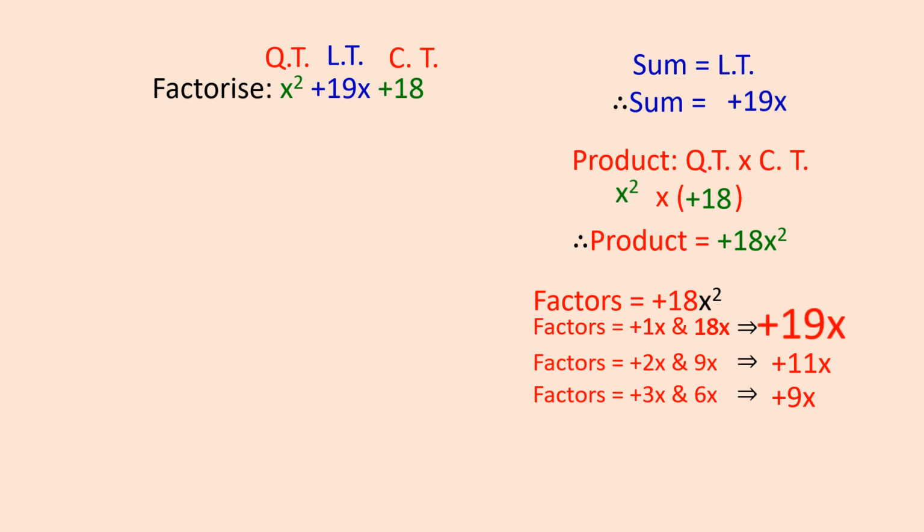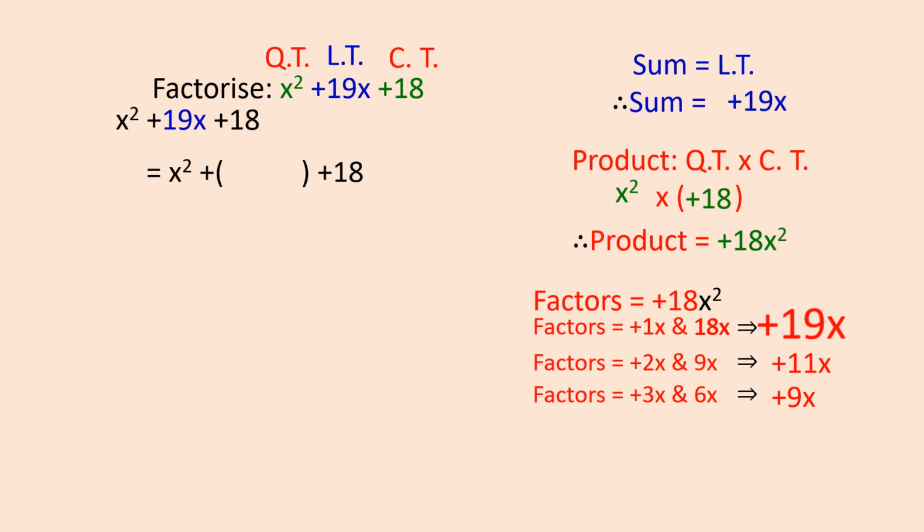Now let us come to our factor part. We have x square plus 19x plus 18, which will equal, I keep the quadratic term as it is, the constant term as it is, and the plus sign given with the linear term comes as it is. If it is minus, then I keep minus here.